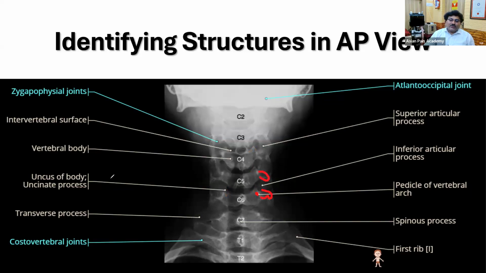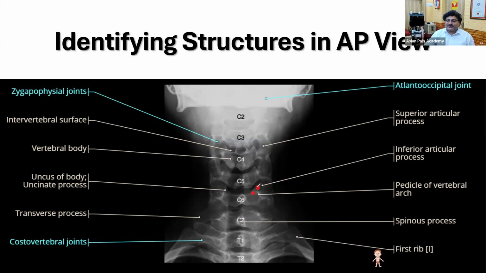So whenever we are doing any procedure from the anterior side, we should be careful to avoid this area. Either go oblique, touch here and then go inside so that you can avoid the vertebral artery, or do the procedure from the posterior side. Remember, only two procedures: one is the stellate ganglion block at the level of C6, we go here, and for the DRG radiofrequency, we go here.